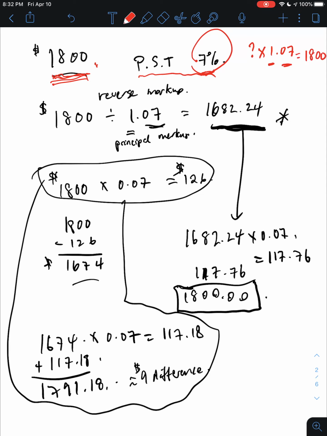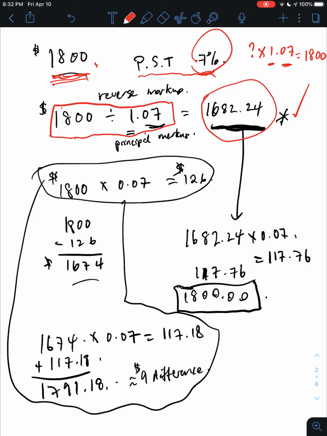And that means that I can find the amount that they should have charged me by dividing by 1.07. If you type this on your calculator, $1,800 divided by 1.07, you're going to get this answer, 1682.24. And this, I believe, is the correct answer.